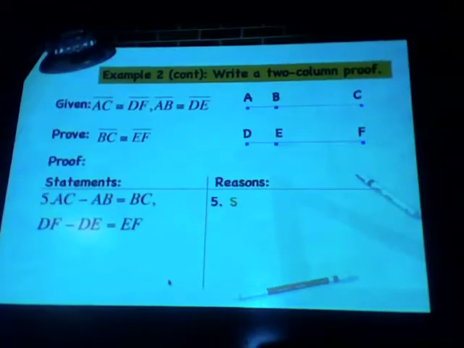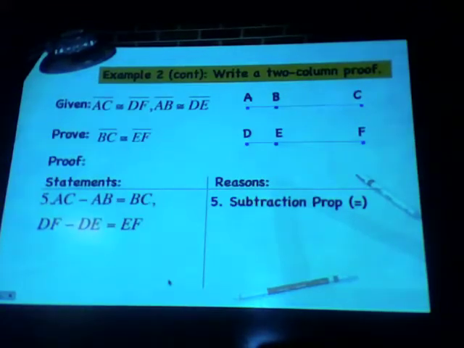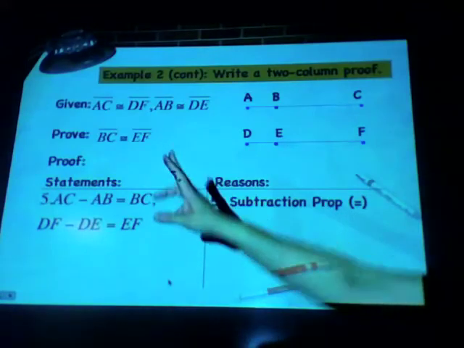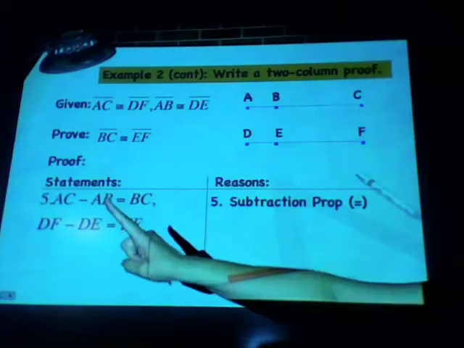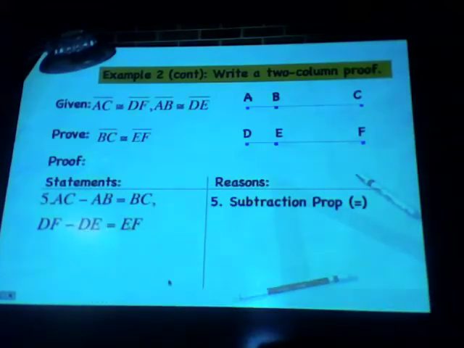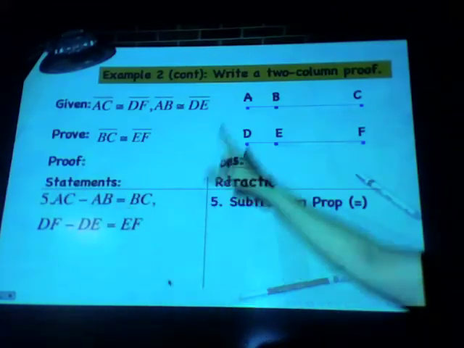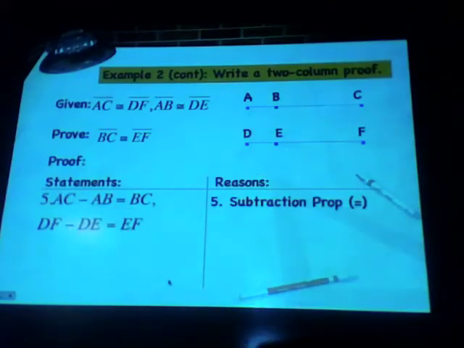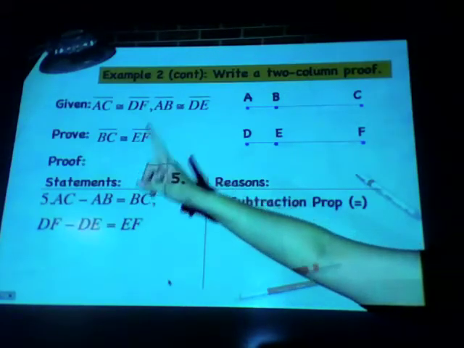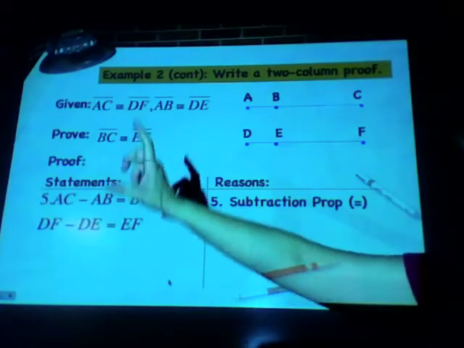All right, so then they go and use the subtraction property. And if you look at what came before it, so short of me writing it up here, they've essentially subtracted AB and then DE from each side here, and since they're equal, can't they do that? Can't they? And that's why they've done it again. And the reason is they're trying to get to BC and EF.